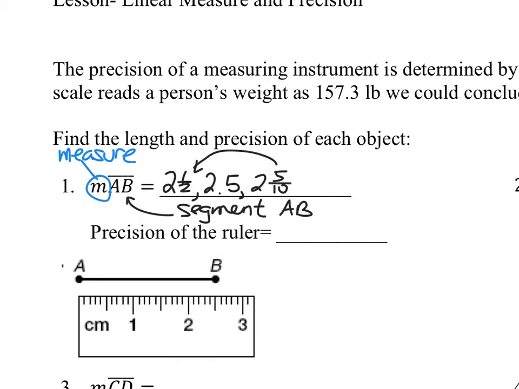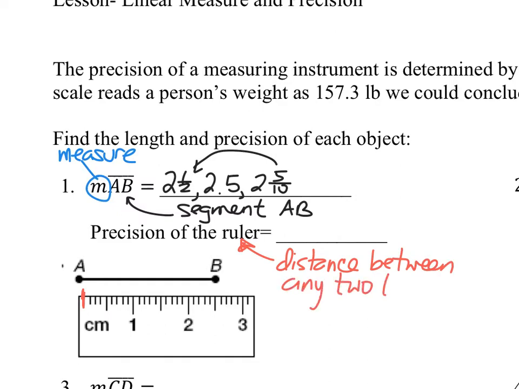When we get to the precision of a ruler, we're talking about the distance for that first tick mark, or the distance between any 2 tick marks.